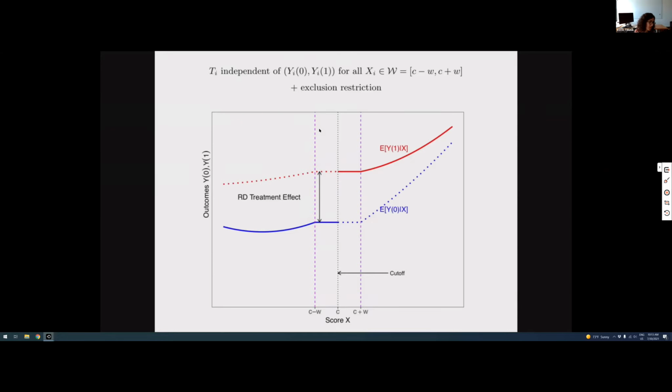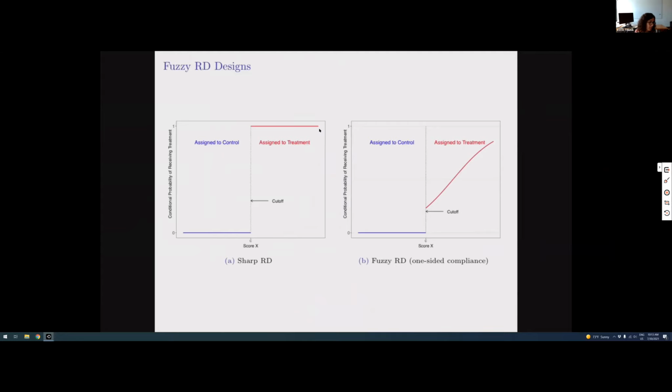So those are two different approaches. We're going to cover those in the remainder. I'm going to cover local randomization, and Matias will cover continuity-based.